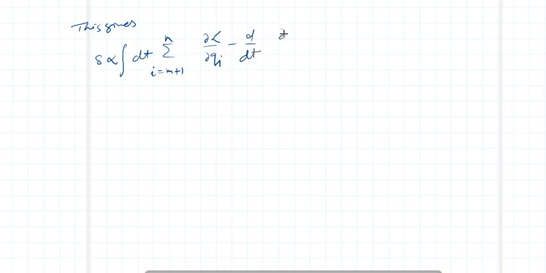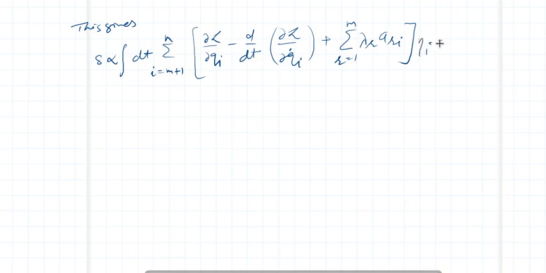And this gives us δα integral over dt, and it's a summation i varies from m plus 1 to n, because up to m this will be 0, so that means it is ∂L/∂q_i minus d/dt ∂L/∂q̇_i, plus summation r varies from 1 to m of λ_r a_ri, and it is η_i, must be equal to 0.